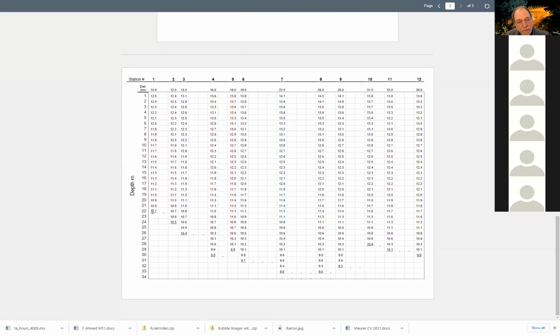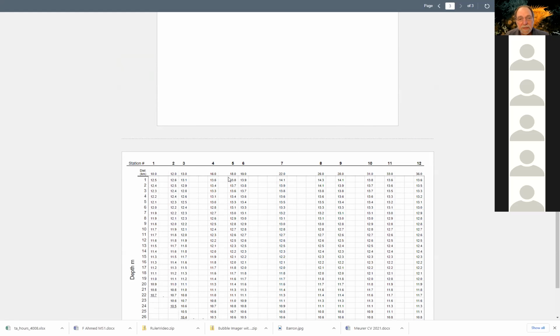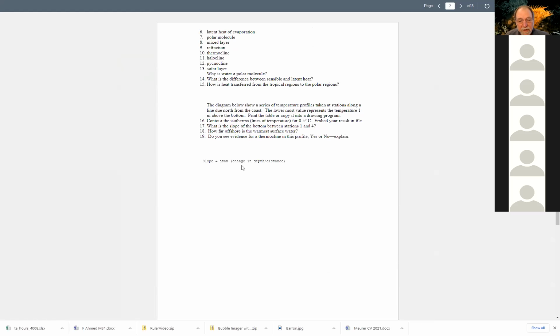So the depth of the bottom at station 1, 10 kilometers offshore, is 10.7 meters. And station 4, which is 16 kilometers offshore, is only about a meter deeper. Okay? So what we would want to know is, I'm going to give you a little hint here, what's the change in depth over distance?